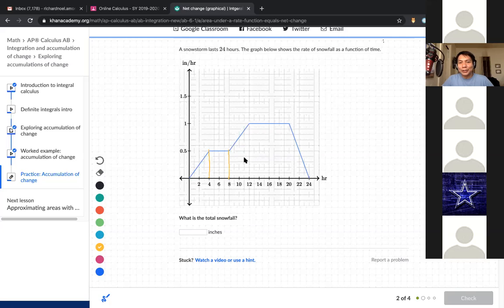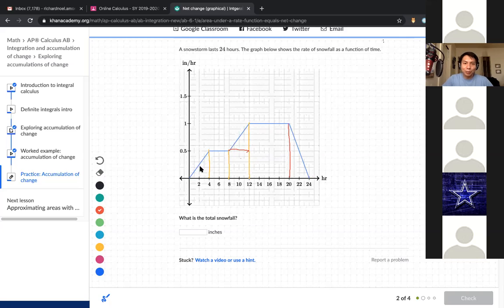And then where else? You can do 8 to 12, and break that into a triangle. Can we do this, guys? And then for this one, can we do this? That makes sense? And then, of course, this one would be another area.